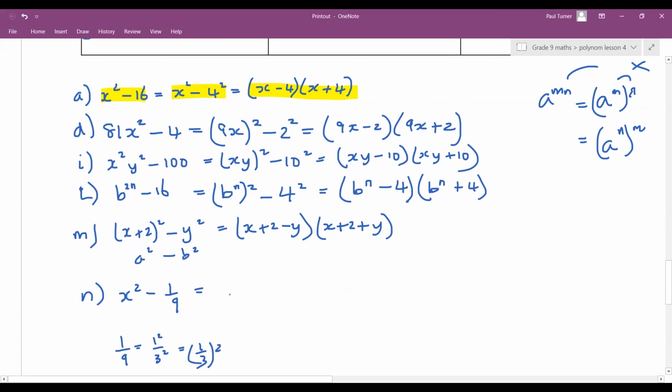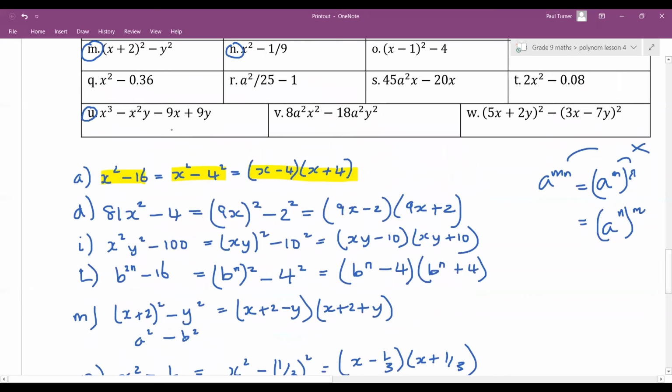So x squared minus 1/3 all squared. Then we will just write your factors out. So x minus 1/3, x plus 1/3 here, like that. Okay. Some of the harder ones.